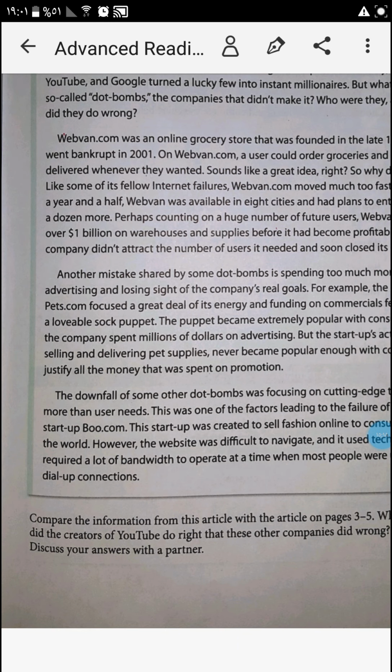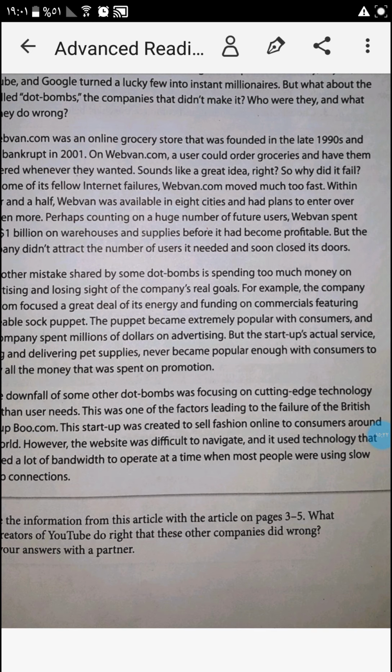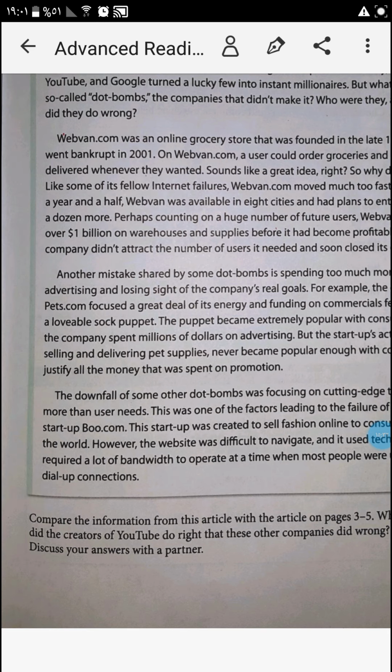You are required to compare the information from this article with the article on page 35. So you have to compare this article and the article that we read on the youngsters behind YouTube, to find how these two guys succeeded in establishing and creating YouTube, and why these companies failed.